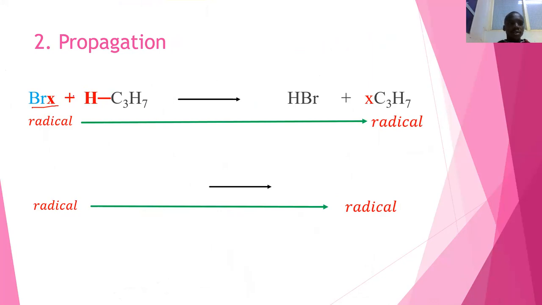This free radical electron will come this way and combine with the one electron from this to form what we call hydrogen bromide, which is one of the products when the bromine reacts with the propane.